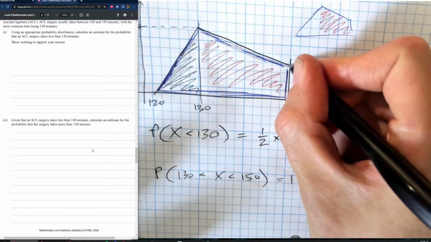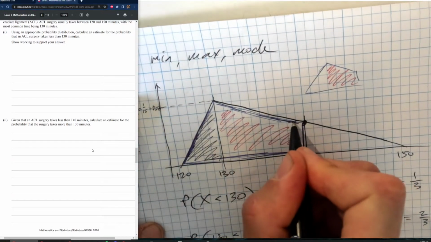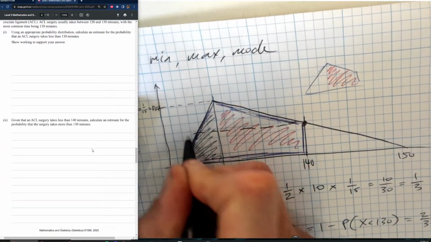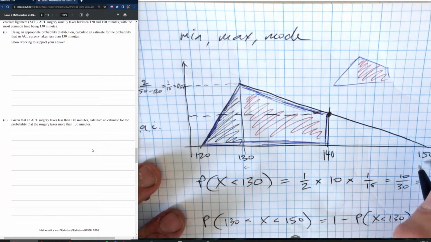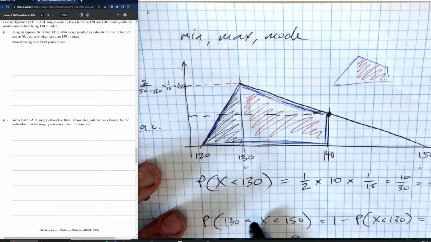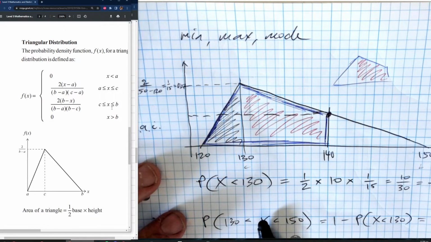We're then going to have to work out the height here, between C and B. Whenever you want to work out those heights, you need to use this formula here.